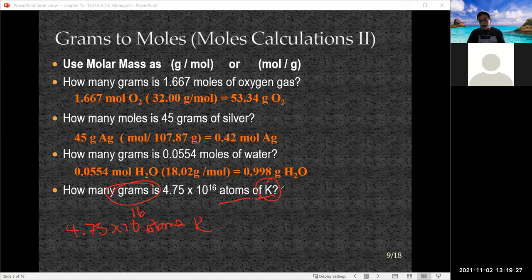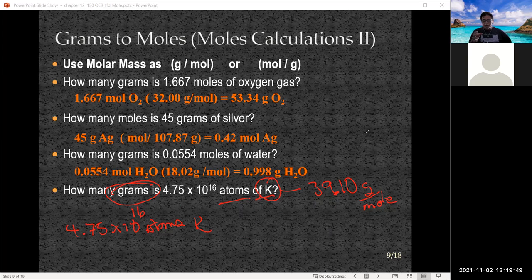And eventually I may or may not need the molar mass or atomic weight, but I just put it down there anyway out of habit, go calculate it or look it up if it's just an atom. And potassium has an atomic weight of 39.10 grams per mole.